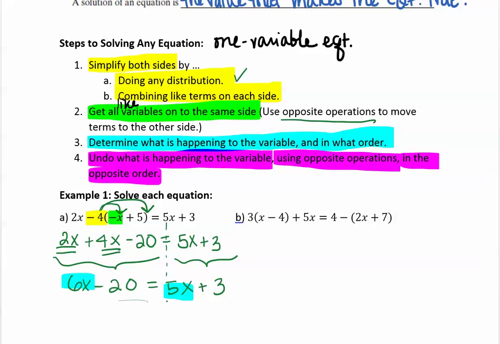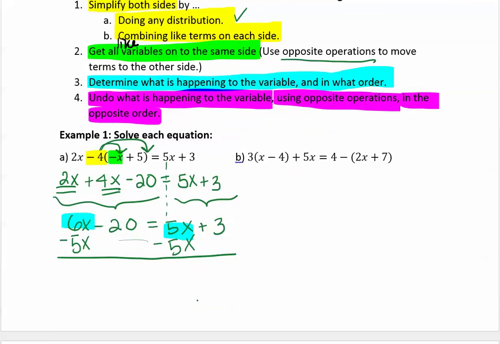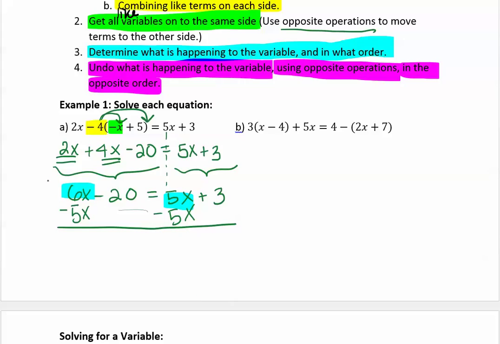See, I have 5x. I'm going to move the 5x. You can move the 6x, but my habit is to move the smaller things because it results in less negative numbers that way. Now, the reason we use opposite operations is so things cancel, because 5x minus 5x is nothing. That's going to move it.